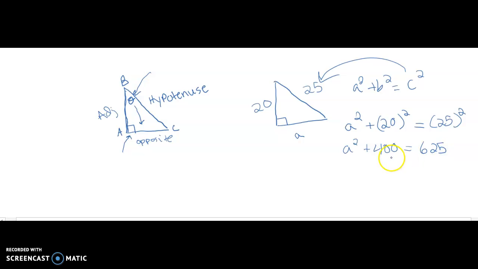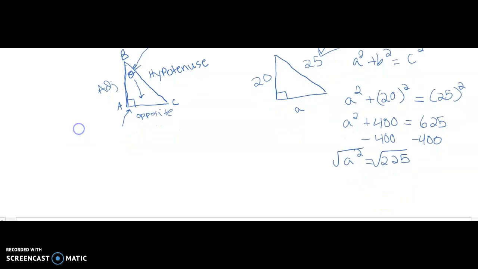I'm going to get a by itself because I'm solving for a, so I'm going to subtract 400. So now I have a squared is equal to 225. Square root, we get a is equal to 15.